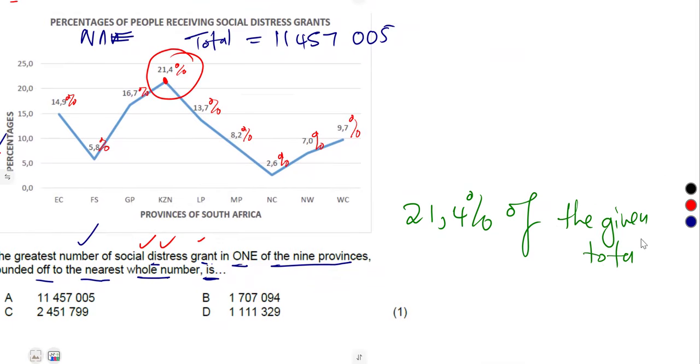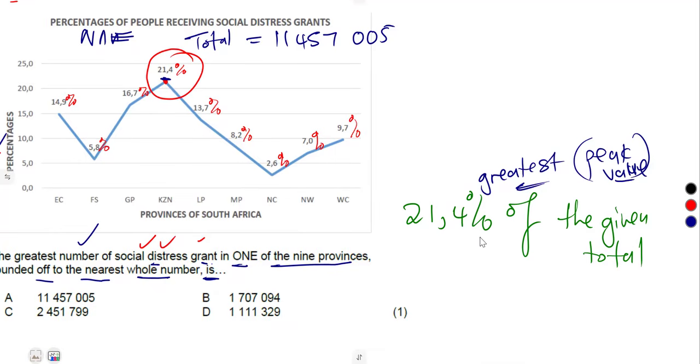That is the concept. The peak value is the one that we're talking about. So it is 21.4% of what? The total.